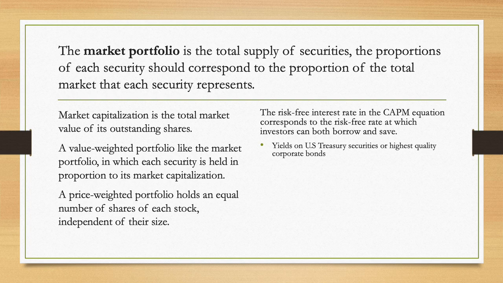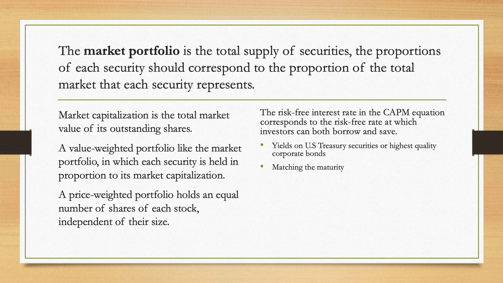In practice, the yields on the US Treasury securities are used to determine the risk-free saving rate. Taking into consideration the difference in liquidity, the rates from the highest quality corporate bonds are sometimes used. It is also very important to match the maturity of the interest rate to the investment horizon.